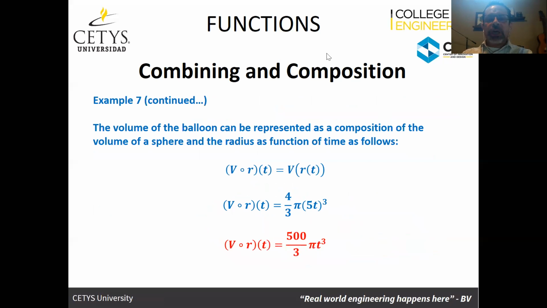If we do a composition of V with regards to R, it means we're substituting R within V. We do that, we find that 4/3 of pi is going to be multiplied by the radius elevated to the 3, but the radius of t equals 5t.